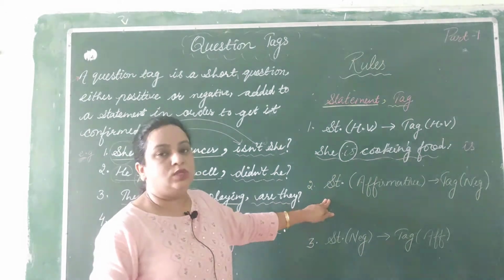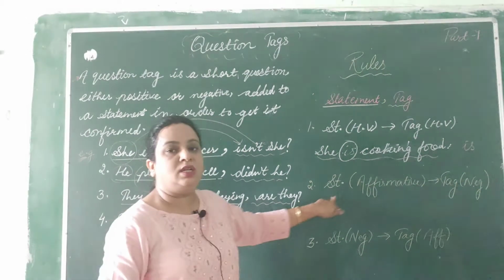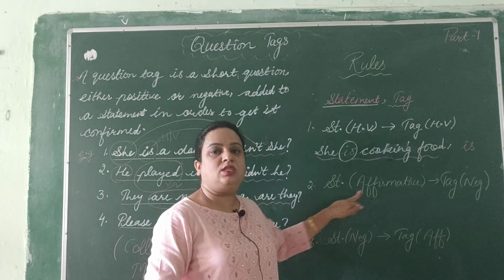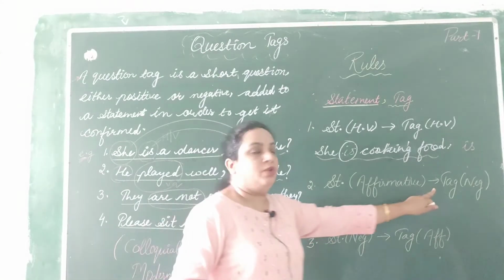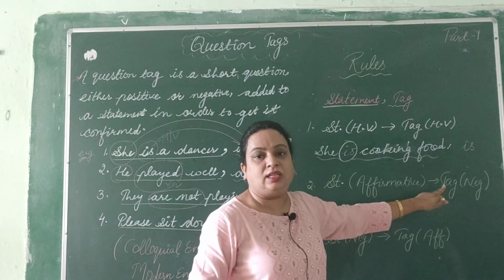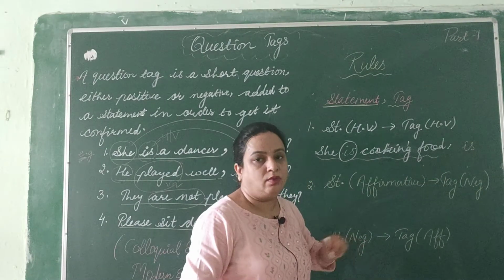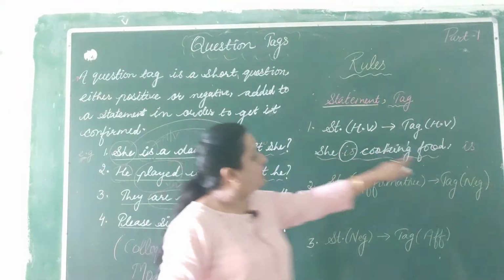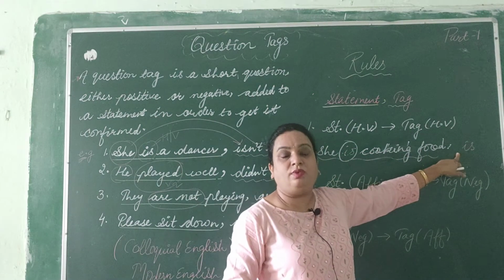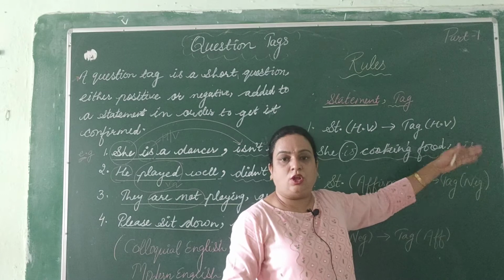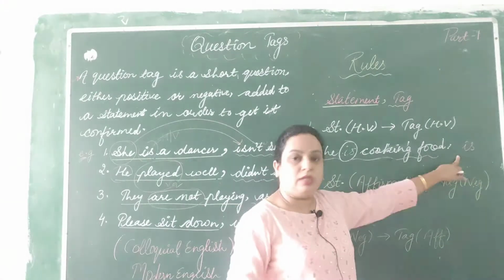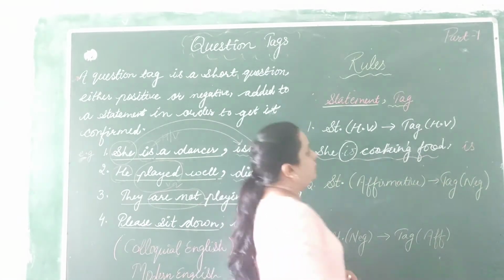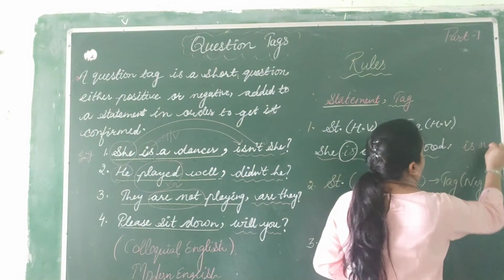Now the second rule says that if the statement is affirmative, the question tag we add will be in negative form, right? So here we will add not, the negative form, with the helping verb. So here we will do is not. Clear?